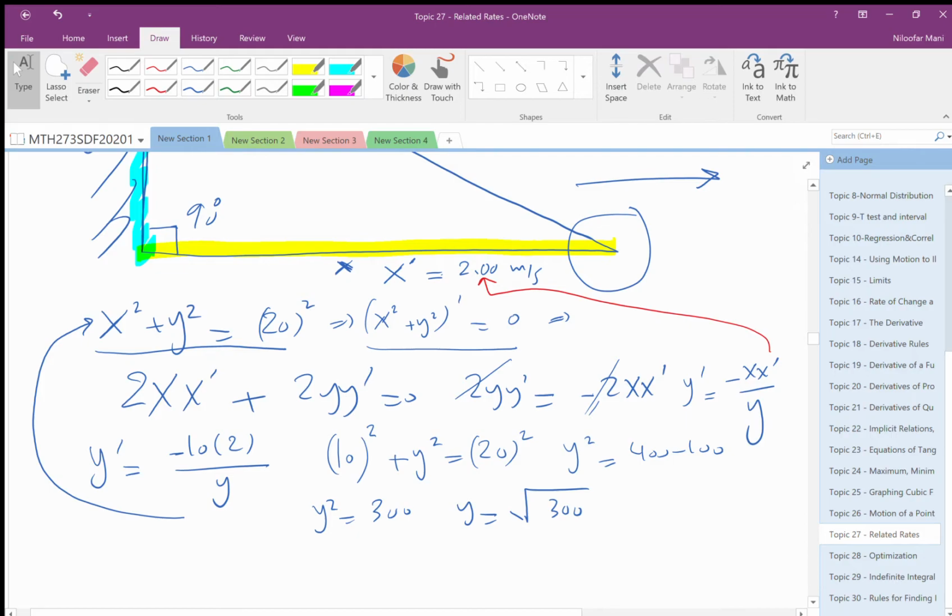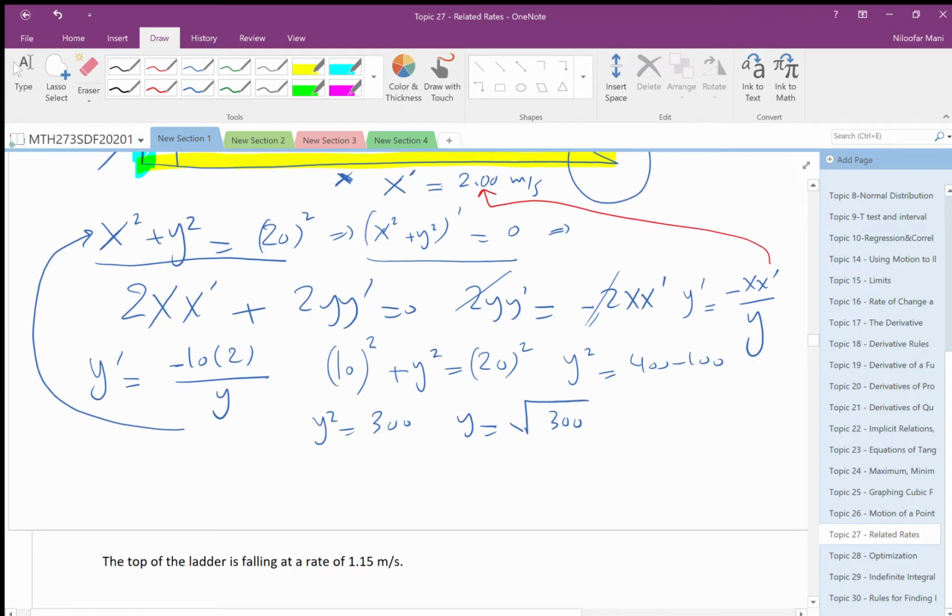When I say when x is 10, means I am talking about time. So then I find y prime. Y prime has x and y as well as x prime. X prime is coming from the question. X and y, one of them is coming from the question. One of them I can find using the equation that I have.